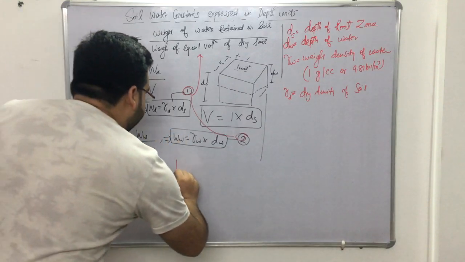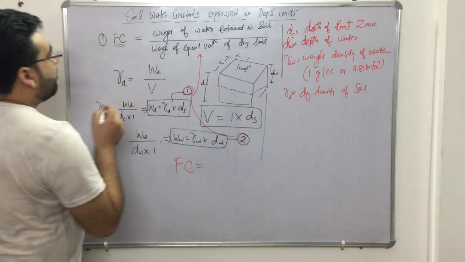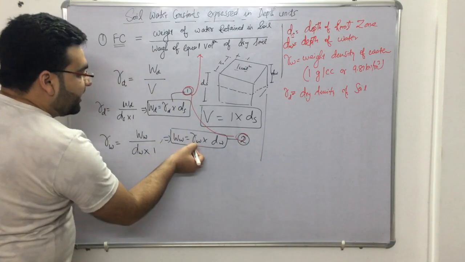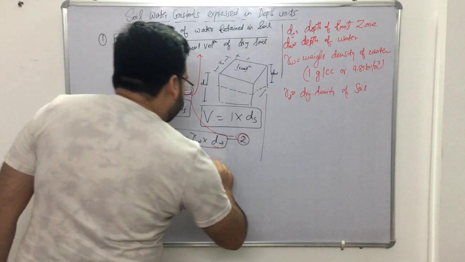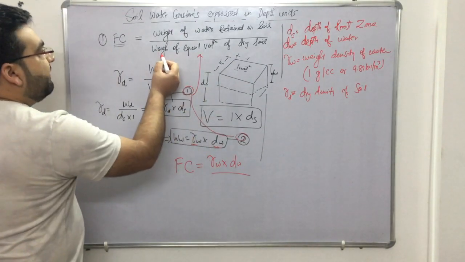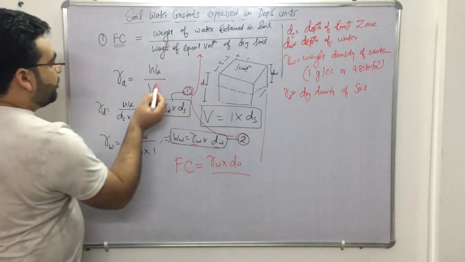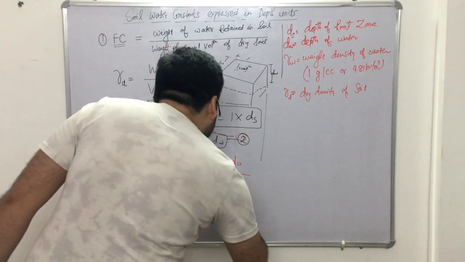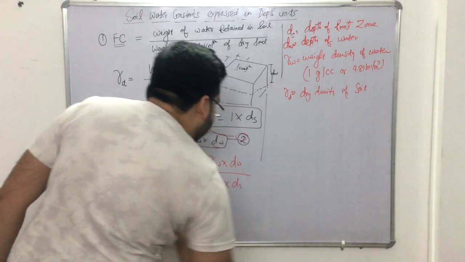So let us use equation number 1 and equation number 2 and put it in this equation. So we will be getting the field capacity will be equal to weight of water retained in soil, which is gamma w into dw, divided by weight of equal volume of dry soil, which is gamma d into ds. ds is the depth of the root zone.